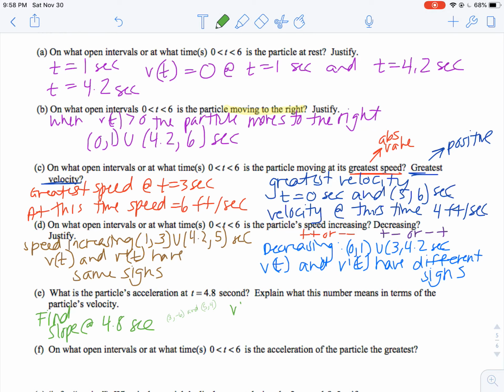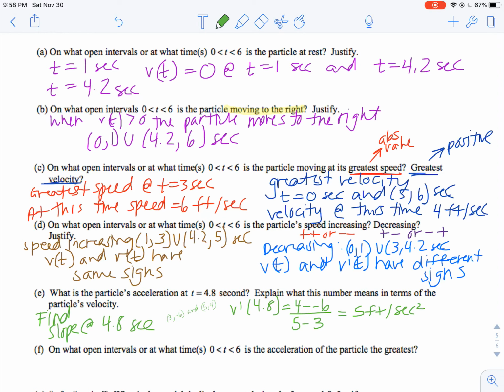Okay, so v prime at 4.8 is going to be 4 minus -6 over, that's just your typical slope formula, y2 minus y1 over x2 minus x1, and that's going to give us 5 feet per second squared. Make sure you have your units there correct.